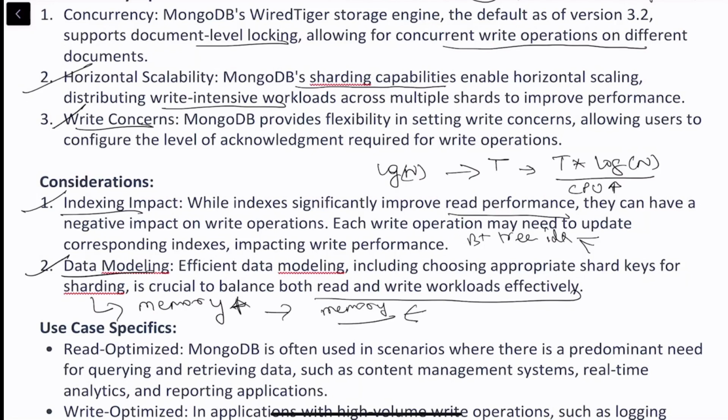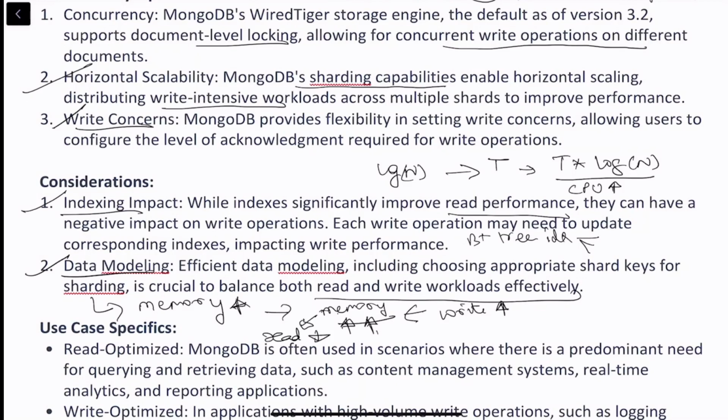And if there are significant write operations, this will increase the memory further. Hence, you need to ensure that you have the correct sharding strategy in place. And as soon as the memory increases, lookups also take more time and hence read performance will decrease.